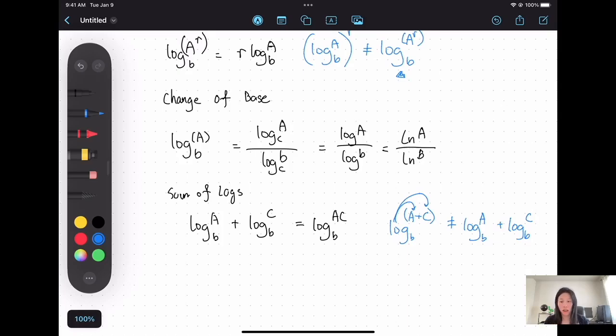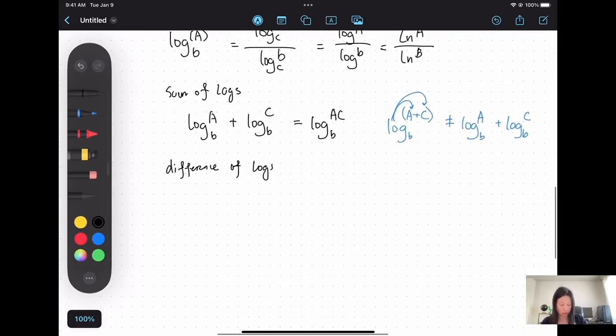Okay? All right, so if we have the sum of logs, that means we also have the difference of logs, which is log base b of a minus log base b of c is going to equal, make a guess, division, a over c.